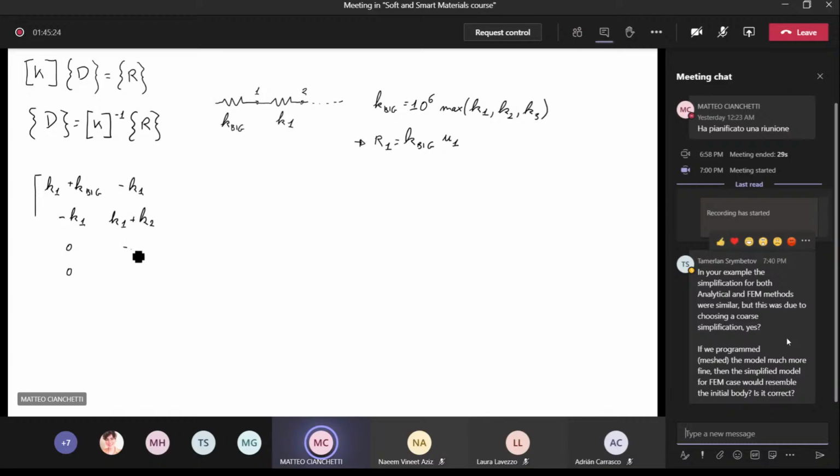2, minus 2, 2, 3, 3. This is the new global stiffness matrix with the modified model.